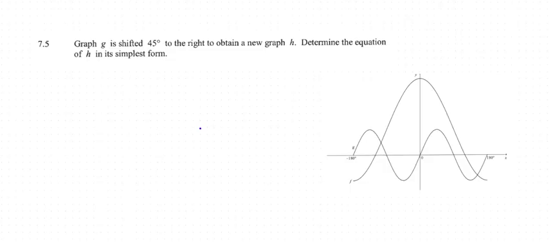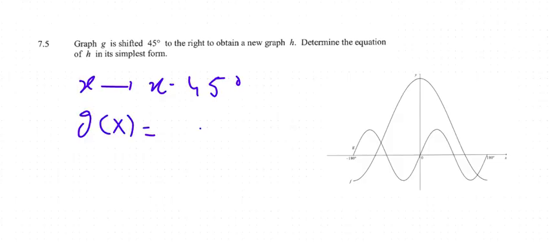A horizontal shift of 45 degree to the right means we replace x with x minus 45 degree. So the equation of g of x is sine 2x.